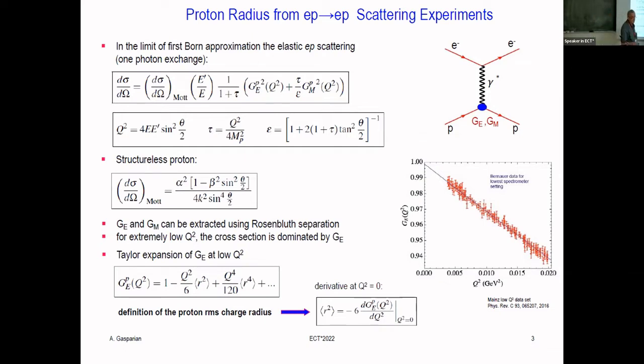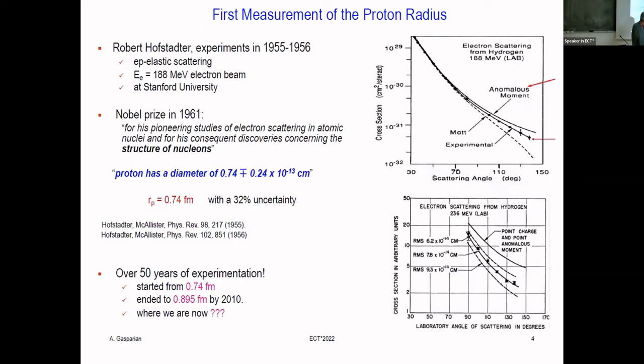We have to try to find ways to get more and more accurate results. So two things: we have to make a precision experiment and go as close as possible to Q square 0. And also, since this is a result of a fit, we have to get a wider range of Q square to have a good-level and stable fit. These three things are the basics of this business.